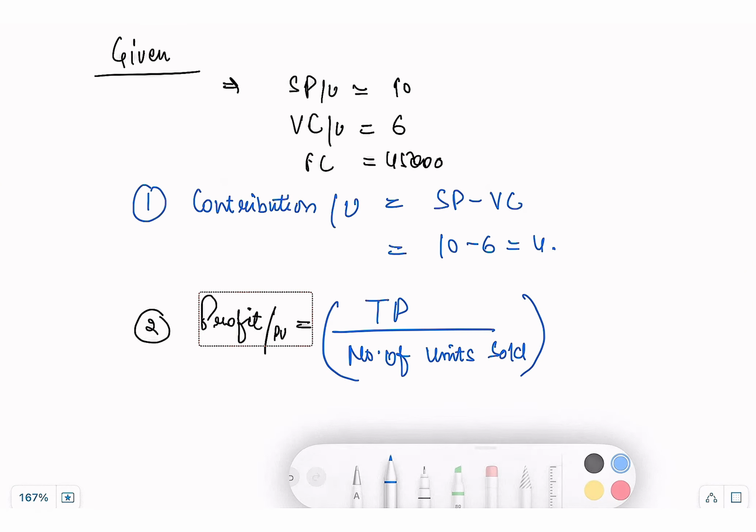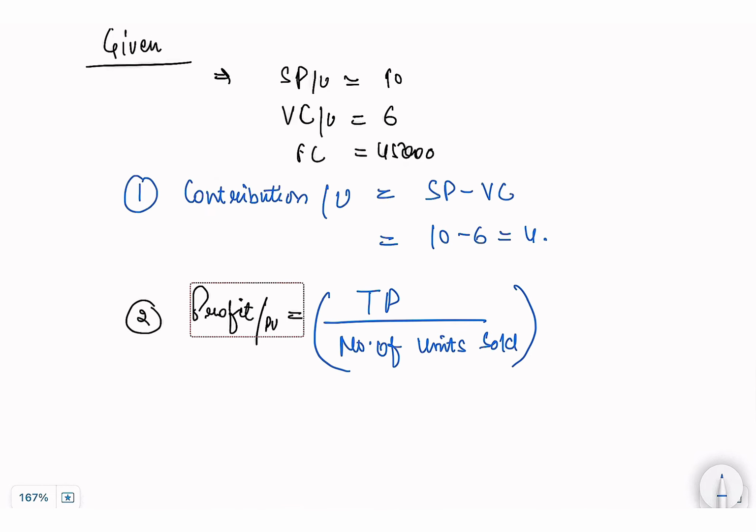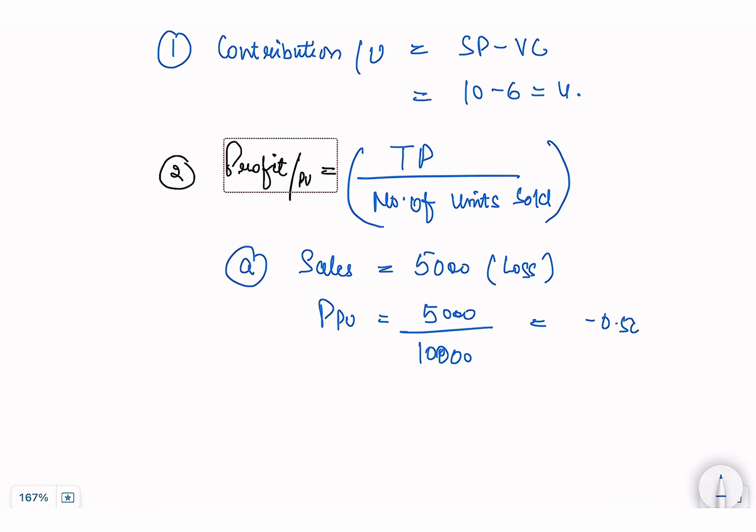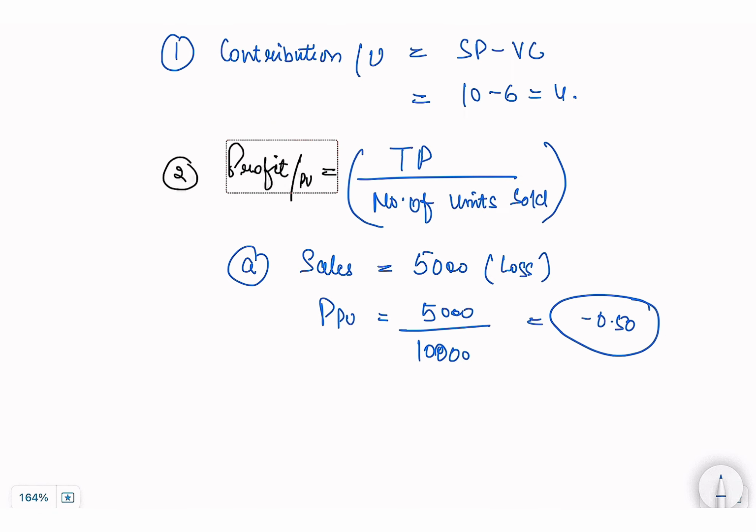Now see, A. How much is the sales there? 5,000, this was our loss. Now how will we find its profit per unit? The 5,000, whatever our sales was, divided by whatever the units in that scenario. There will be 10,000 units, so minus 0.50. So this is how we will find the per unit.